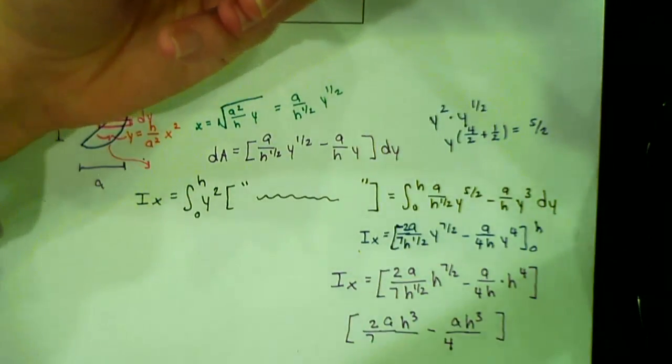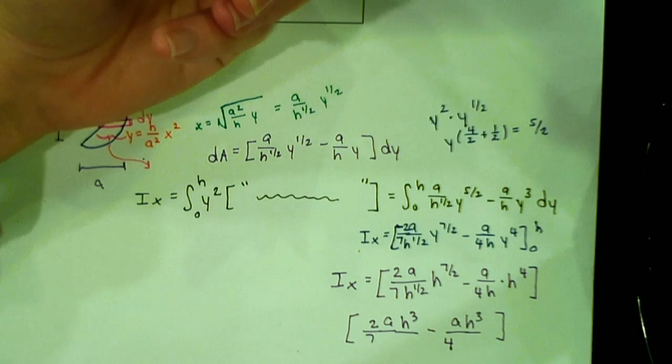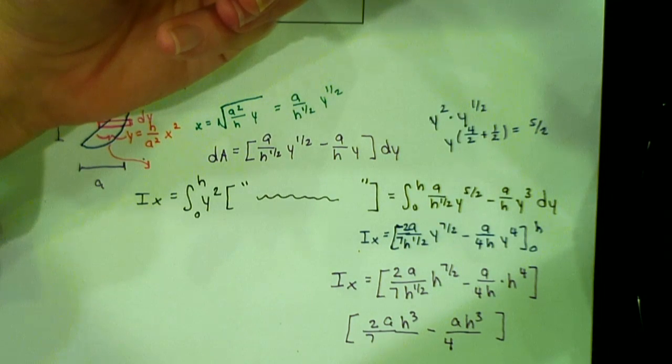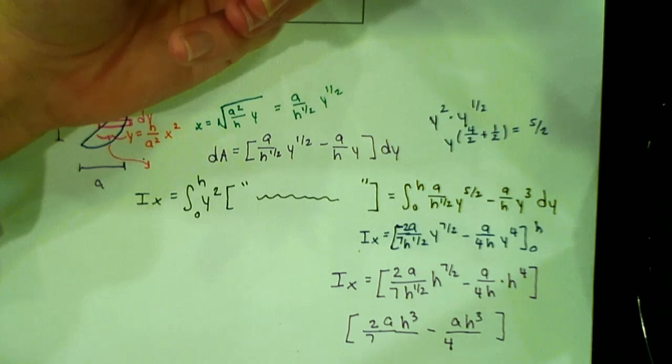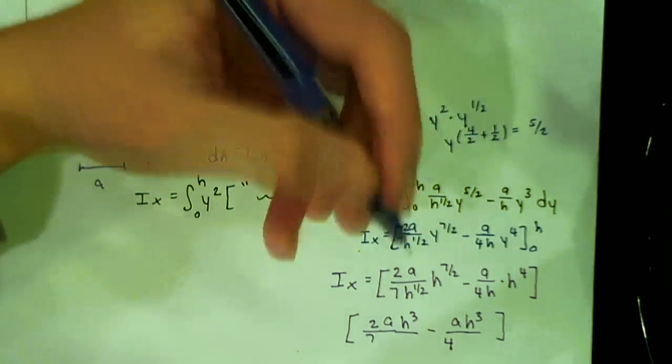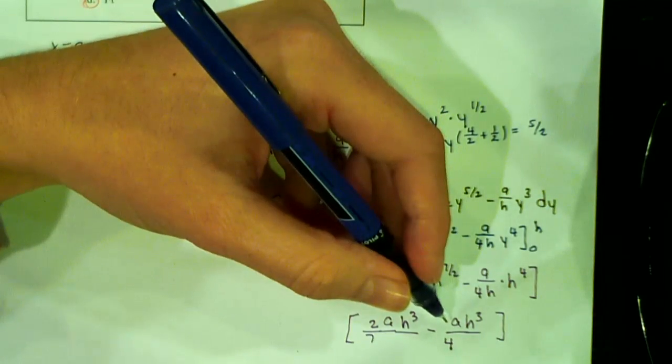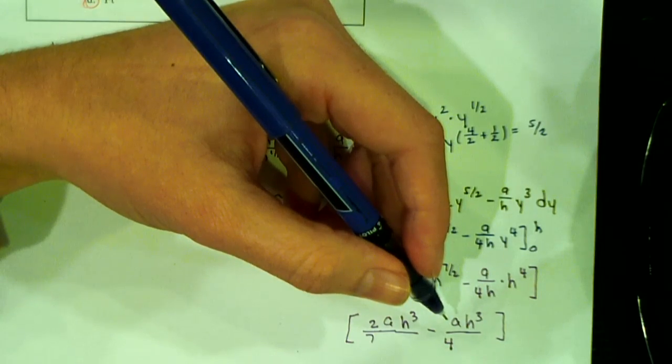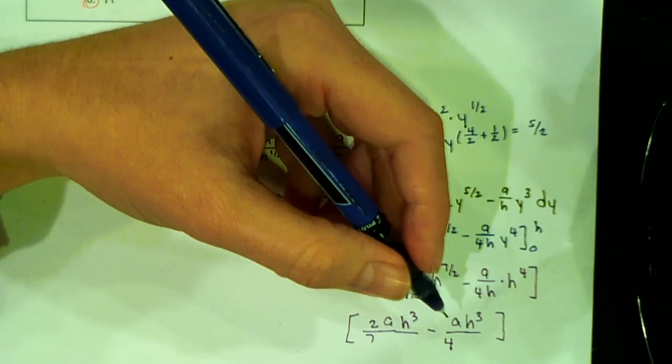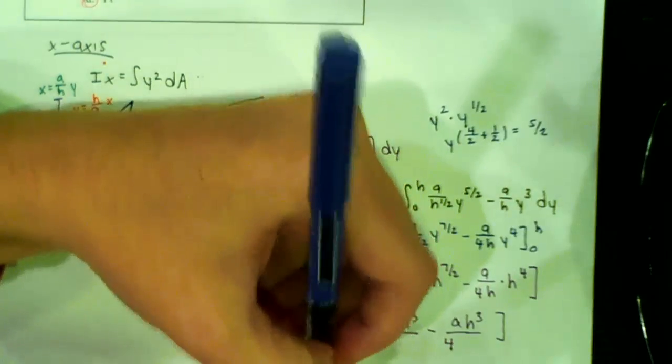So 2 over 7 minus, wait. Oh, I started looking at the wrong problem. So that's 2 over 7 minus 1 over 4, yeah, it is.